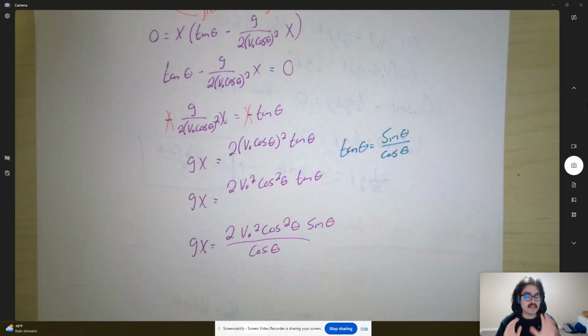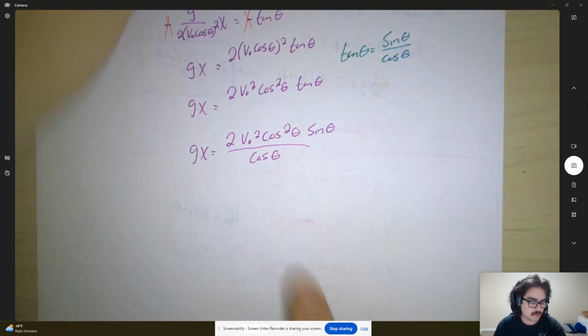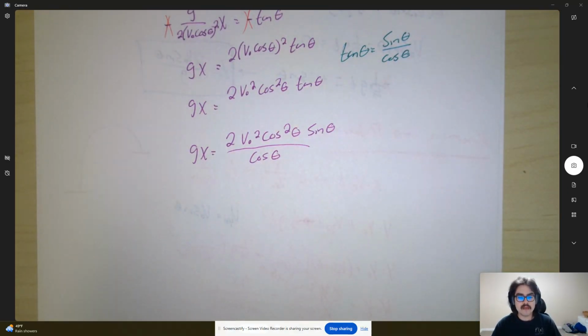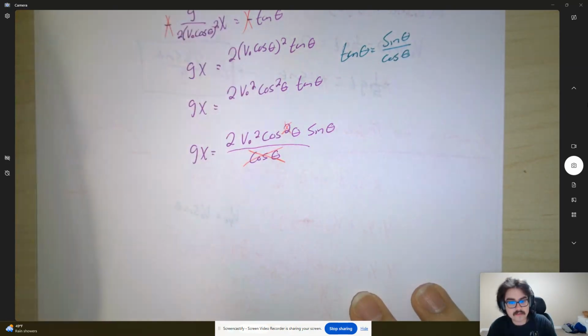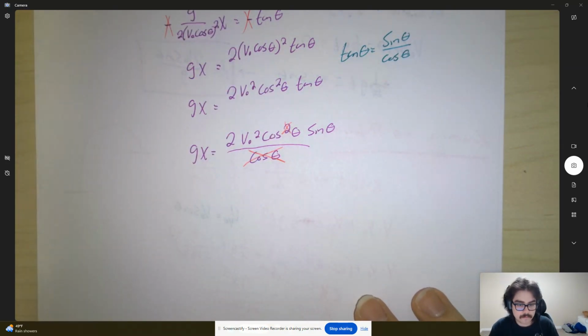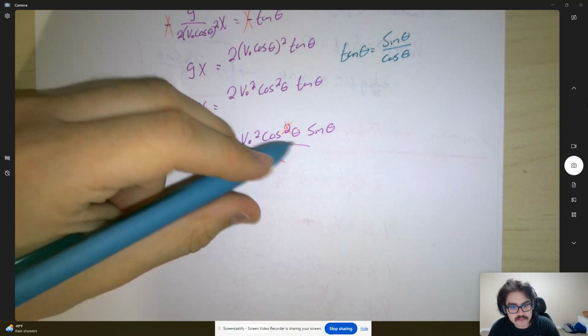This looks really ugly, but bear with me because I'm really close to the solution. I have to realize that my cosine down here and another one of the cosines on the top cancels out. Then you're going to notice, hopefully, that I'm left with 2 times v naught squared times cosine theta times sine theta.